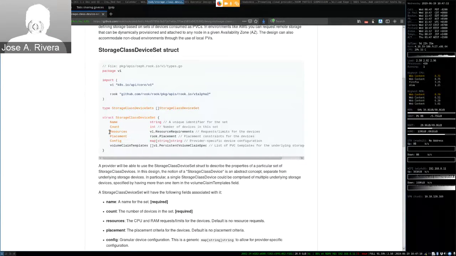I want this in here because the current Ceph-Rook model is that it allows multiple places to specify resources and placements, with each lower layer overriding any configuration in the upper layers. So I want a place where all OSDs in a device set can be configured in one place. And that if you have multiple device sets across the cluster, you can have different configuration per device set.